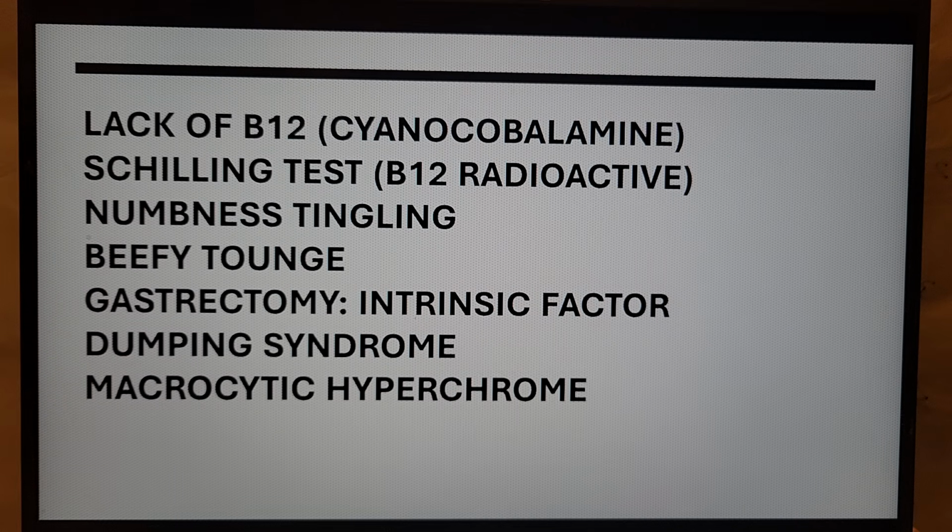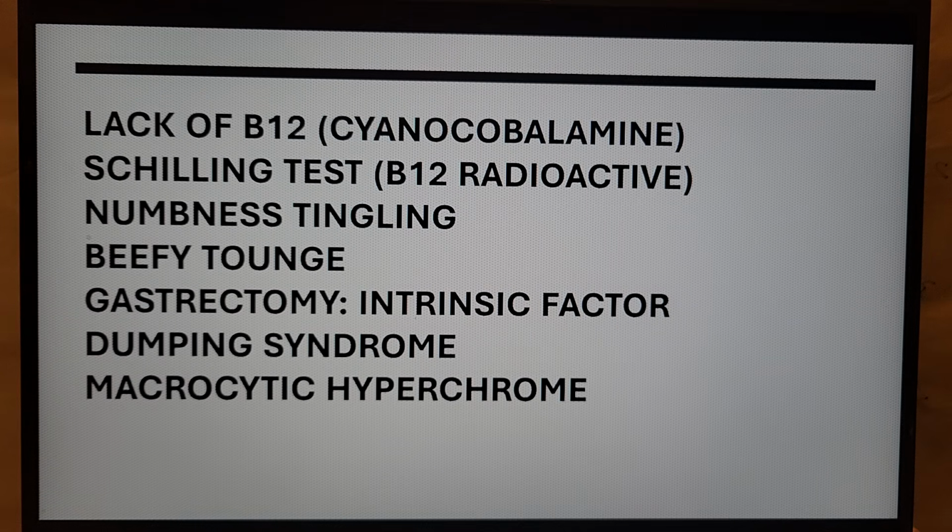So remember this. Not only pernicious anemia that lacks B12, but also anemia that lacks B9, folic acid. Same thing, the RBCs also will become big and hyperchromic. Okay, so memorize. Anemia from lack of B12 and lack of B9, their RBCs are macrocytic hyperchromic.